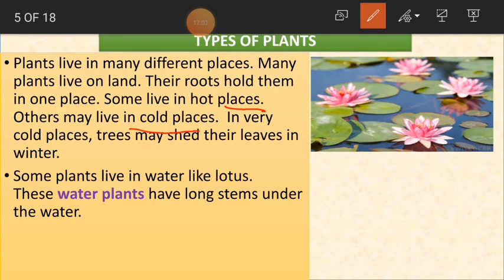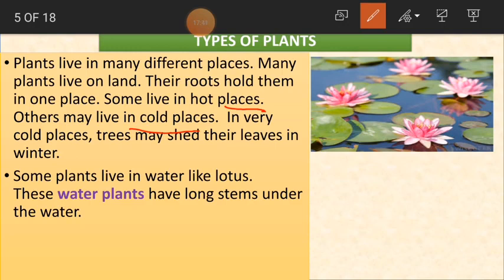Because that particular tree, the mango tree, can give us fruit only in hot conditions. Yes or no? So because of that, we get mangoes in summer. Same like that, some plants can live only in hot places, and some plants can live in cold places. For apples, Kashmir is very famous, because the climate of that place is very good for cultivating apple plants.